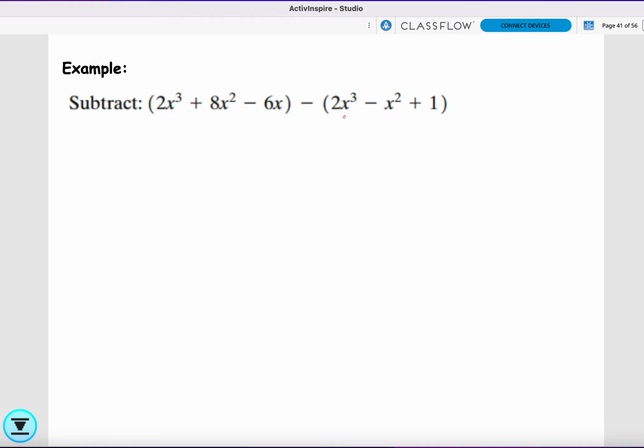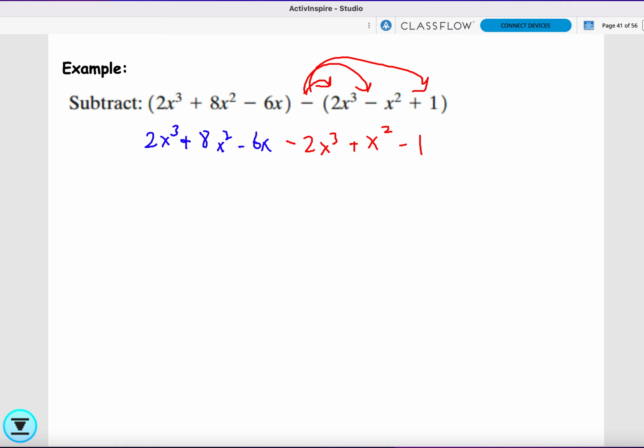So like right here. So this is q, so we're going to go ahead and distribute the negative, right? Which changes the signs. So bring down the original, so we have 2x cubed plus 8x squared by the 6x, right? This is p. Nothing changes. But the negative changes the sign. So positive 2x cubed becomes negative 2x cubed. Negative x squared becomes positive x squared.